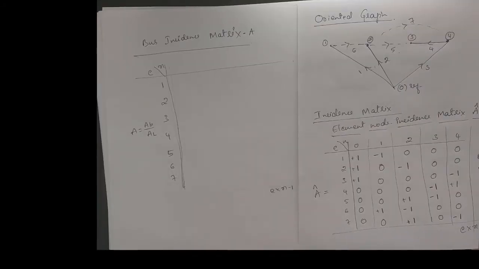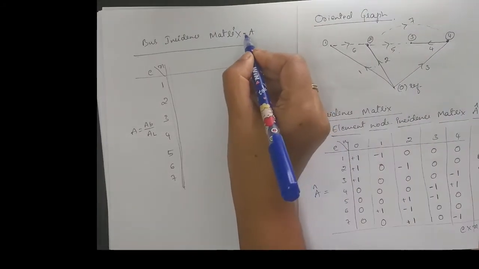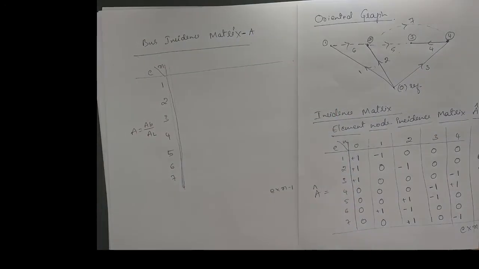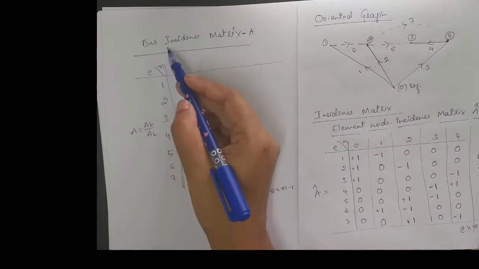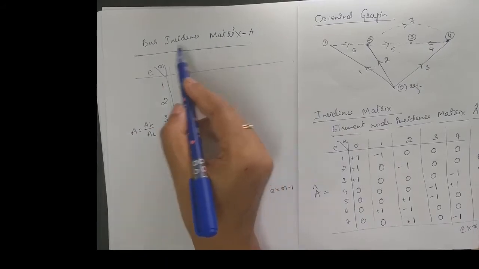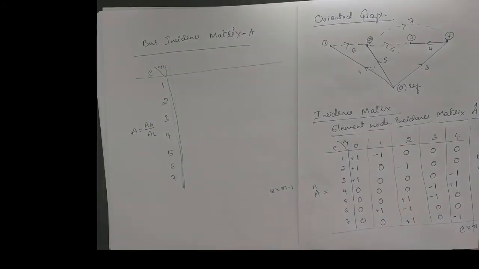The bus incidence matrix is represented by A. The matrix can be obtained from A cap by deleting the column corresponding to the reference node, or 0th node. It is also called the element bus incidence matrix, and one more name is bus incidence matrix.